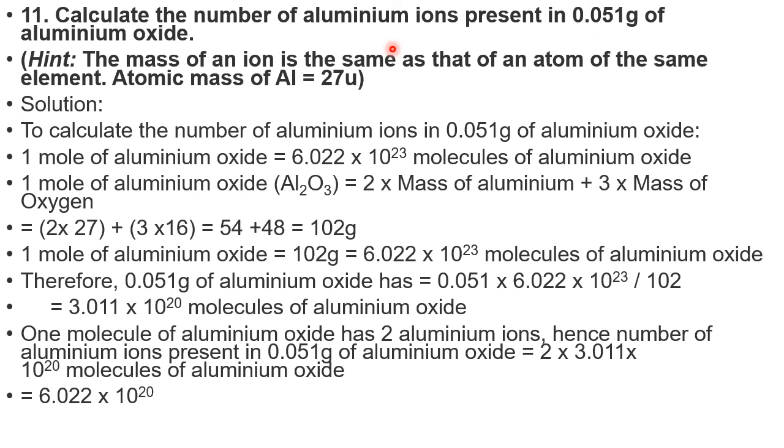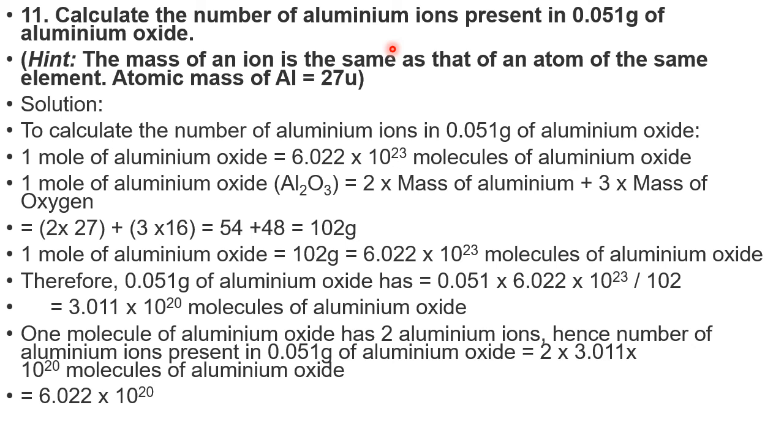When aluminum oxide breaks or dissociates, it converts into its constituent ions. So when aluminum oxide dissociates, it dissociates into 2 moles of aluminum ions and 3 moles of oxygen ions.